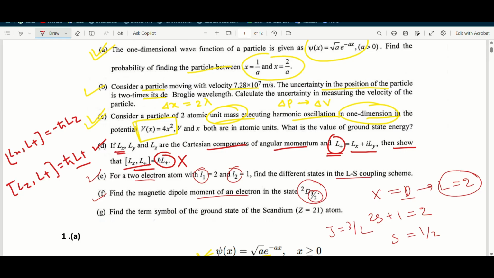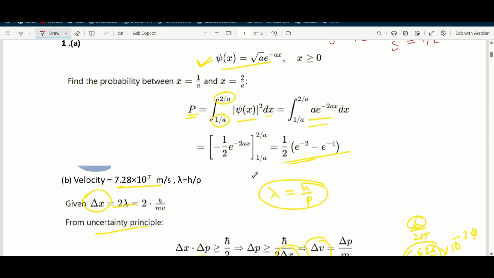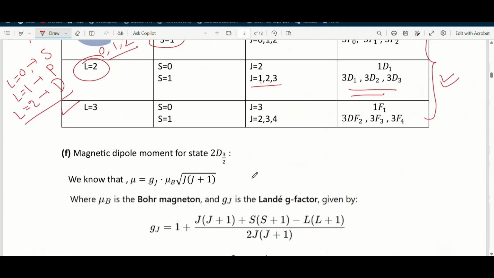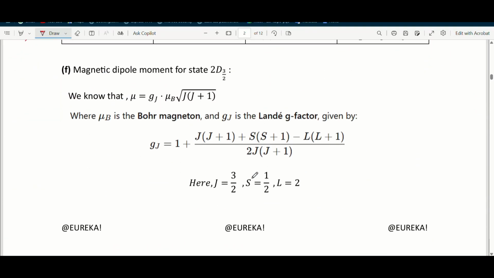So we have to find the dipole moment. Here this is the state, and we know that the dipole moment is defined as Gj mu b times root over j into j plus 1. Here Gj is called the Lande g factor, and mu b is the Bohr magneton.